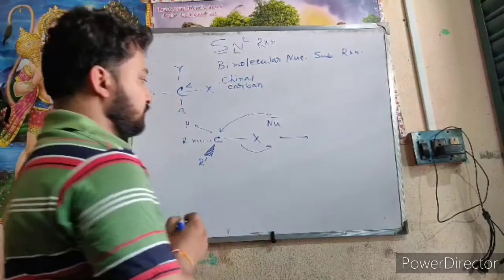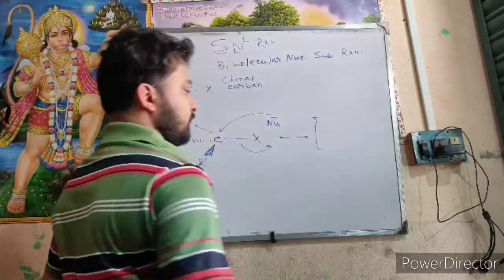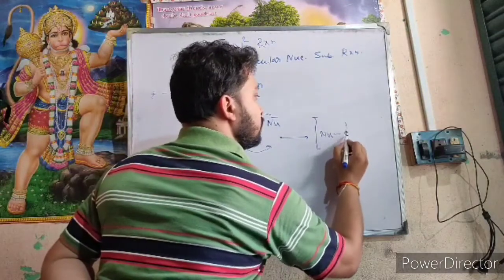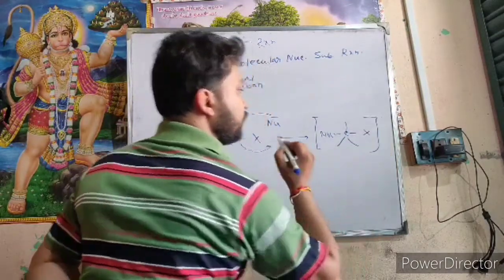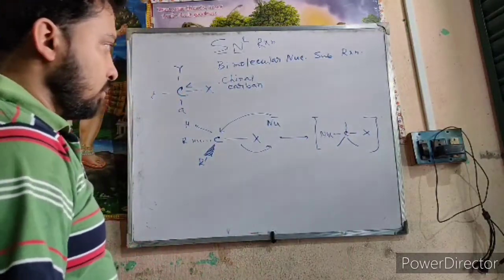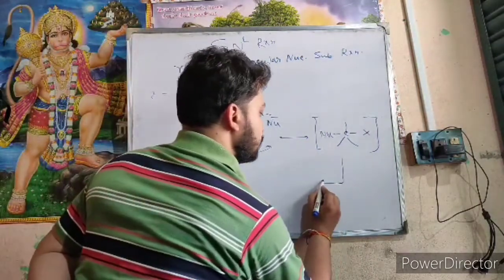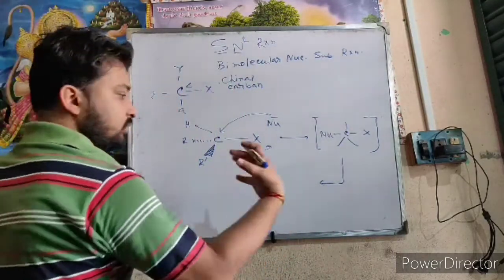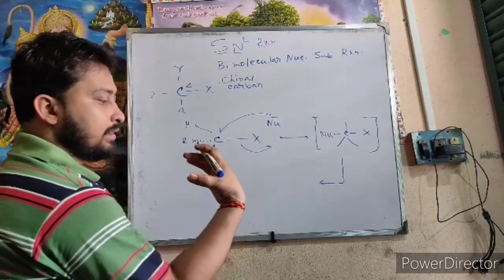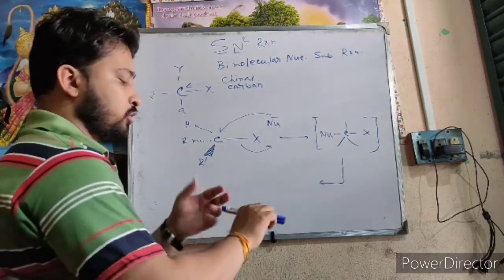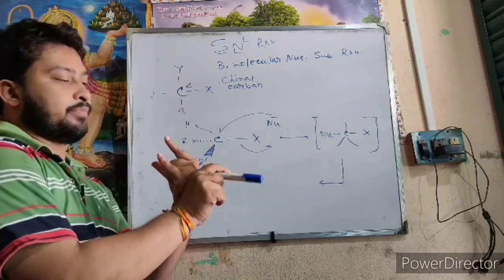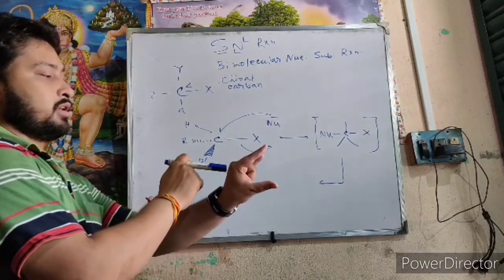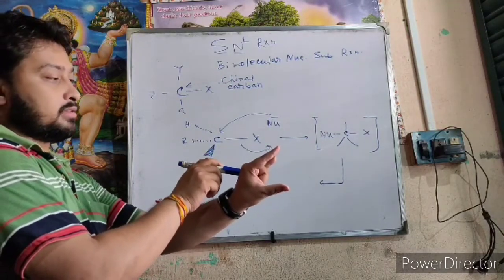For a few seconds, this transition state is formed. After this, the product is an inversion. This compound we show in this way, the product compound is in this way, and when the nucleophile attacks here, the compound is inverted in this way.